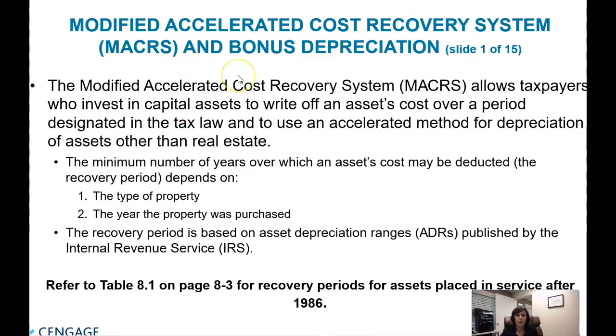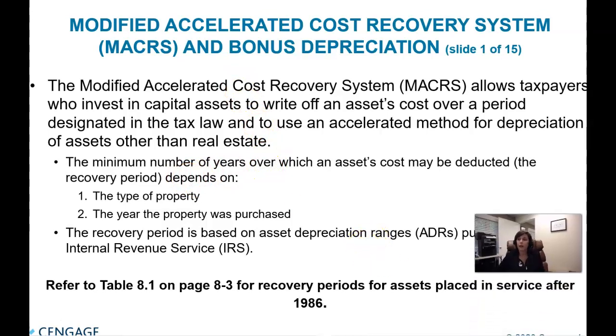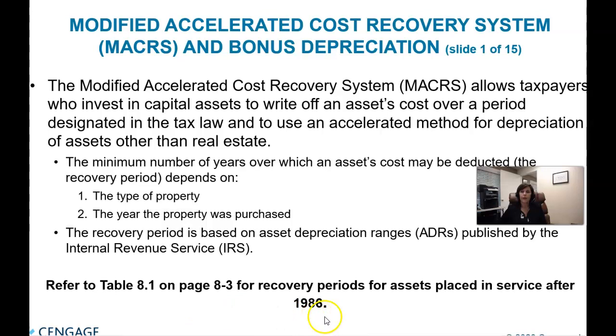Now, the MACRS depreciation method is certainly messier than the straight line, and there are rules that have to be followed, and they do change. As you can see, there are different rules for items placed in service after 1986, which was long enough ago that you're probably not going to run into too many assets that you are still depreciating that were placed in business prior to 1986.